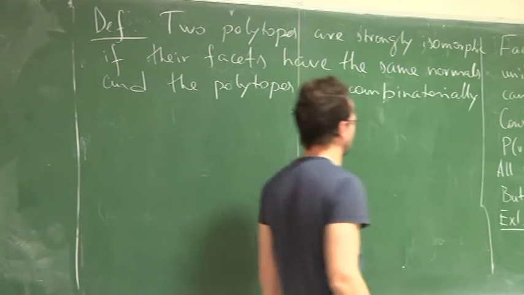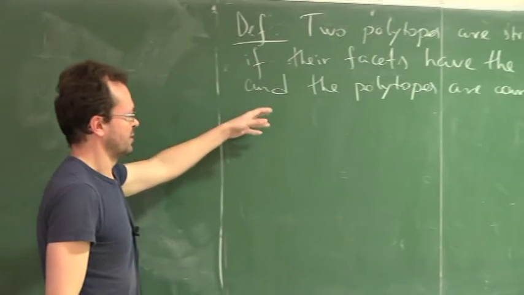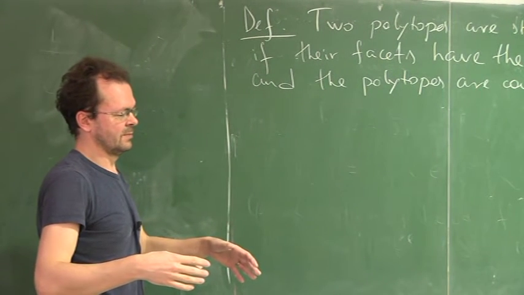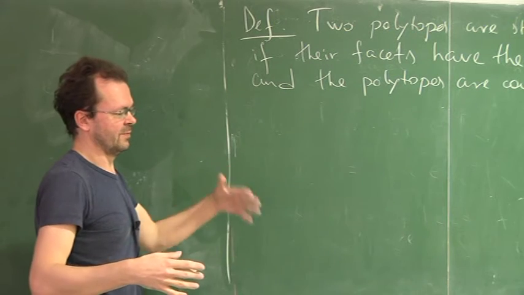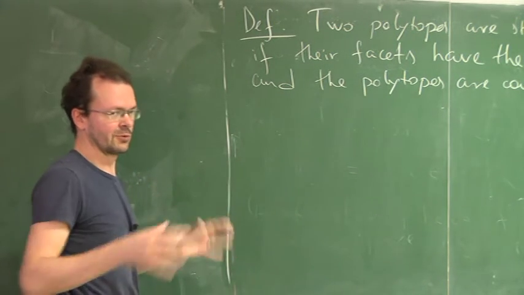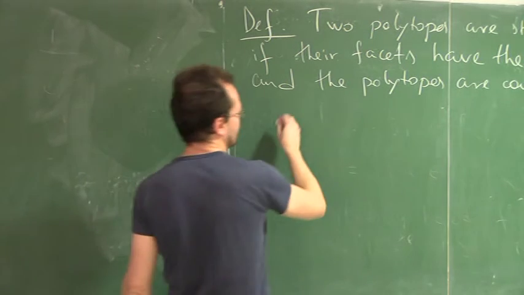Well, a pedantic version of the definition should say that faces with the same directions of normals should be associated to each other, and this must be a combinatorial isomorphism.